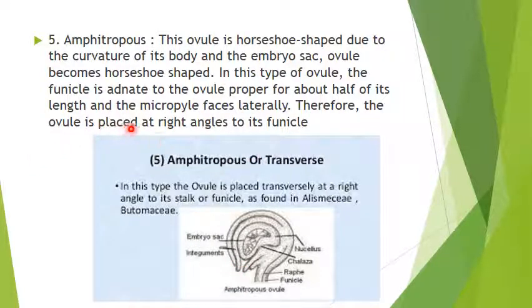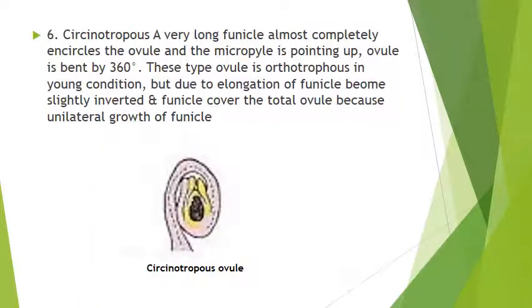Therefore, the ovule is placed at right angle to its funicle. For example, in the Butomaceae family, you can see such type of ovule, that is the amphitropous or transverse ovule.